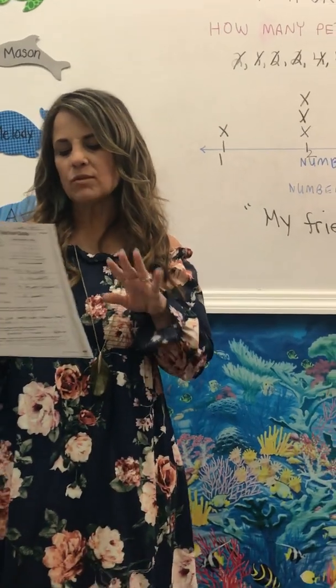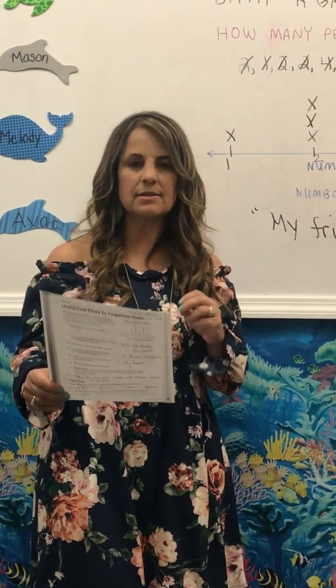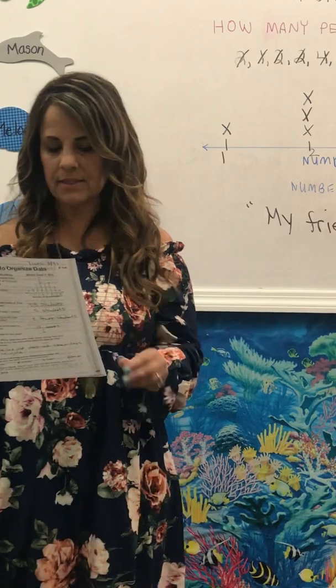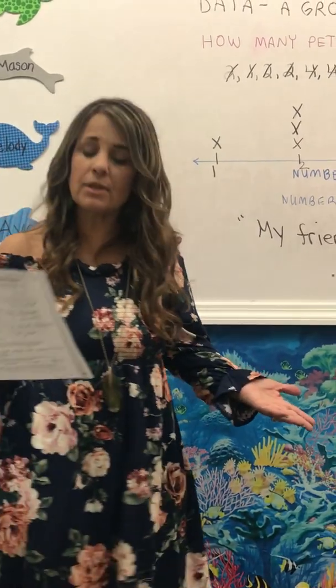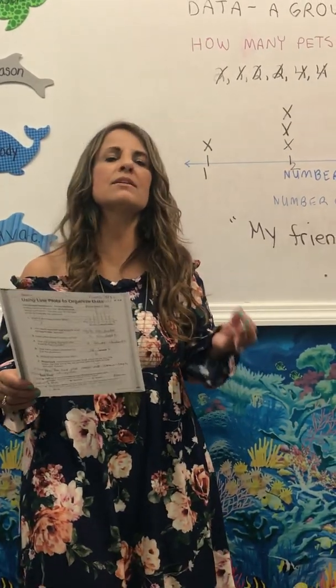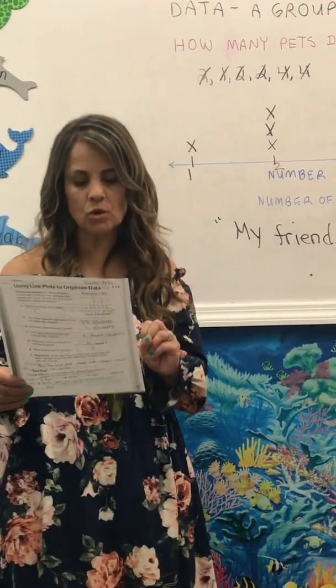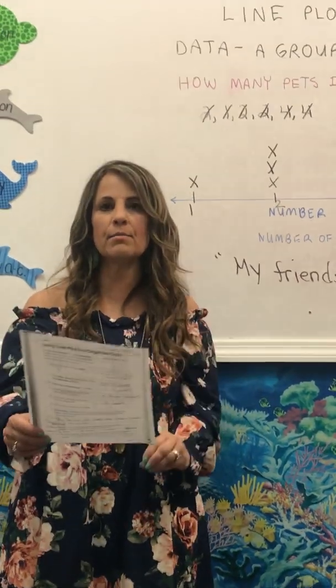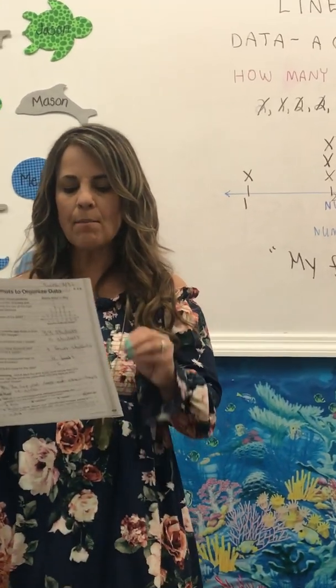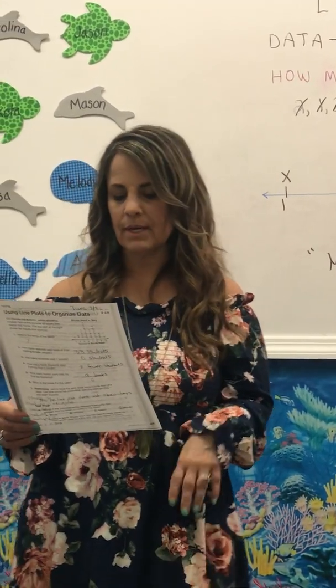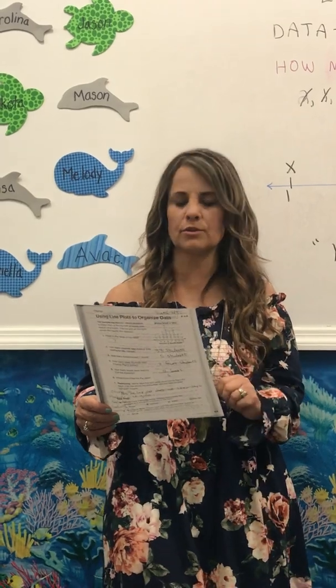Now number 6 is a reasoning question. We have 2 students who sold exactly the same number of plants. How many could they have sold? You have to list all of the possible answers. So 2 students sold exactly the same number of plants. How many could they have sold? List all of the possible answers.